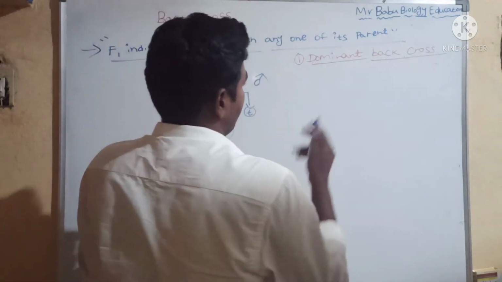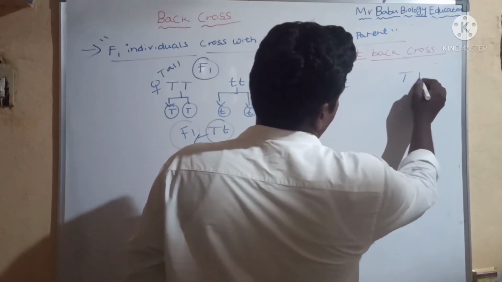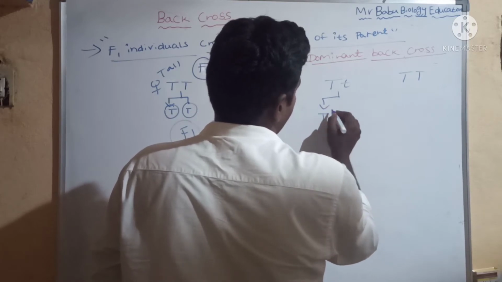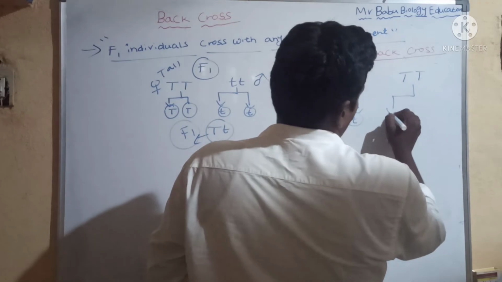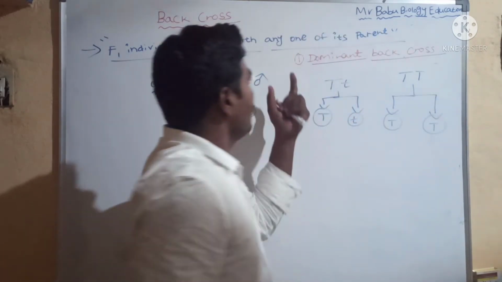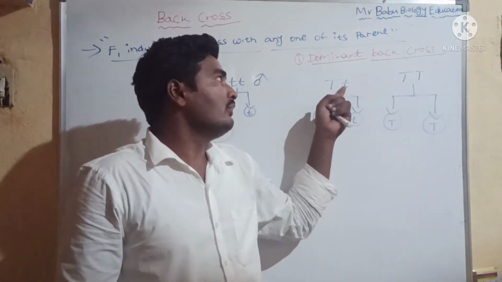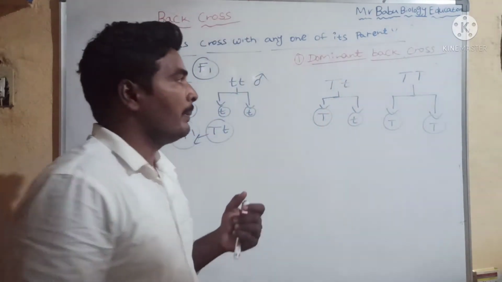The F1 is heterozygous, capital T and small t, and the dominant parent is capital T and capital T. They release the gametes capital T and small t, and capital T and capital T.